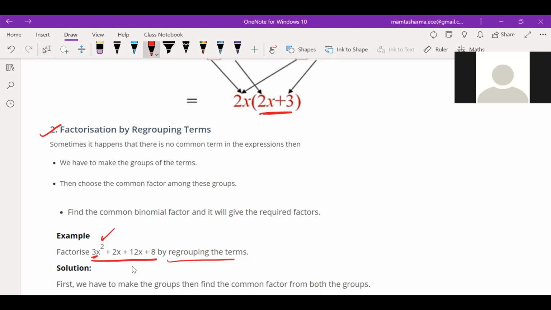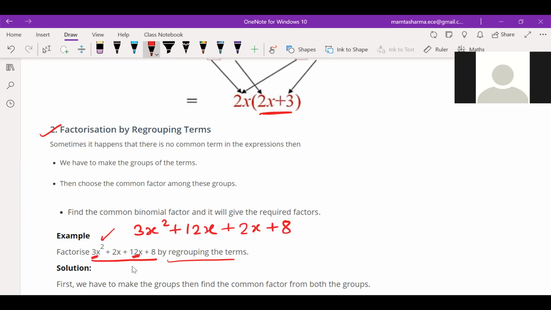So here you can see the first and third terms, 3x square and 12x, are having the most common factors, 3 and x. So we can write 3x square plus 12x together and the remaining terms together.